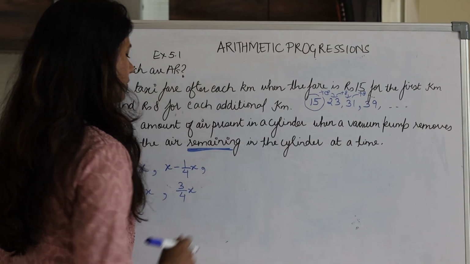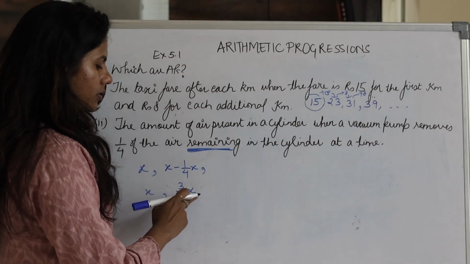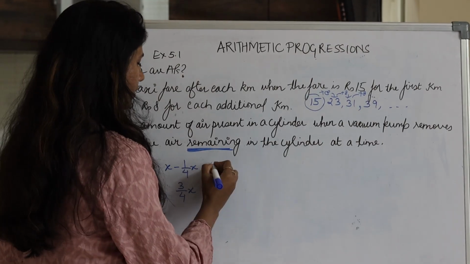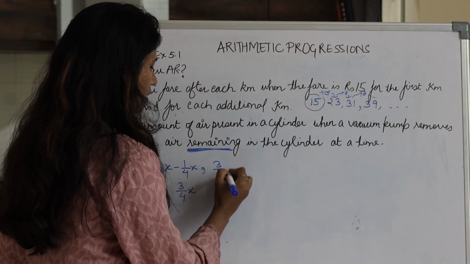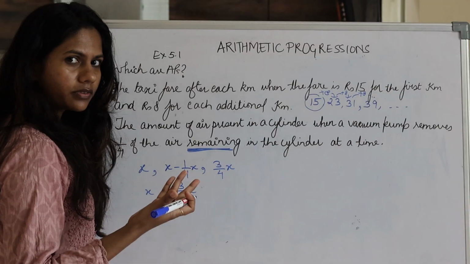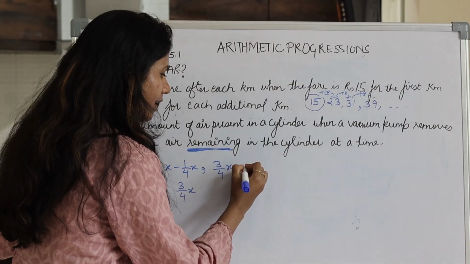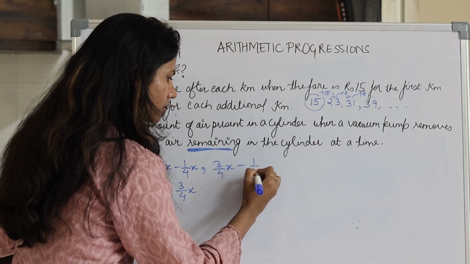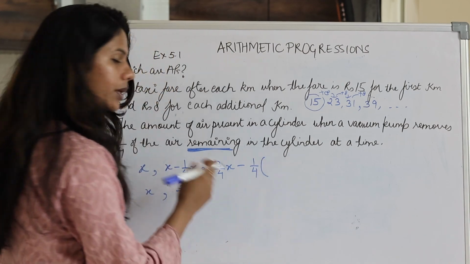For the next term, we know that 3/4 of X air is remaining. In this, it is again pumping out 1/4 of the air. So, minus 1/4 of the remaining air.